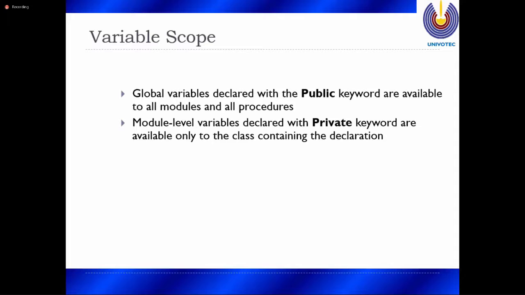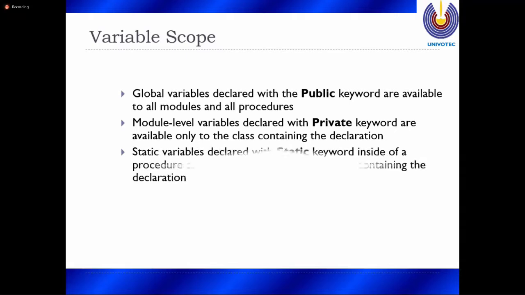A module-level variable is declared with the private keyword and is available only to the particular class that contains it. If you use the private keyword, only that particular form can use it; other forms cannot. That's private. A static variable declared with the static keyword inside a procedure can only be used by the procedure containing the declaration.